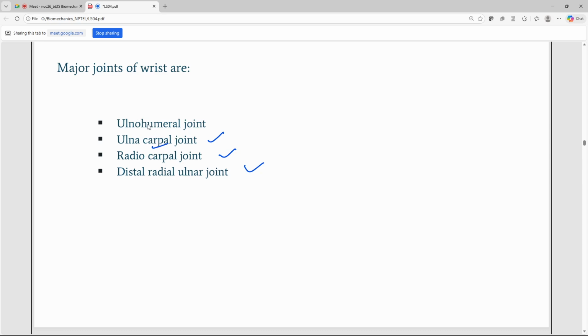These two options have carpal in them, and the ulna and radial bones joining with the carpals are the ulnocarpal and radiocarpal joints, and the distal radioulnar joint. The distal portion of the radius is in the wrist, whereas this one has humerus. The humerus is the upper arm bone, connecting the shoulder to the elbow. So the ulnohumeral is the elbow joint. So these three options B, C, D are the major joints of the wrist.